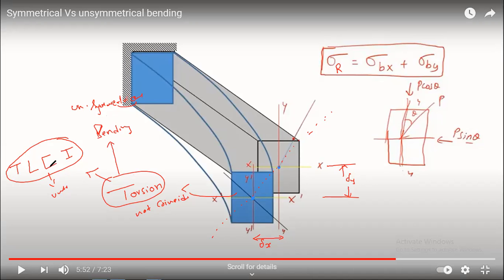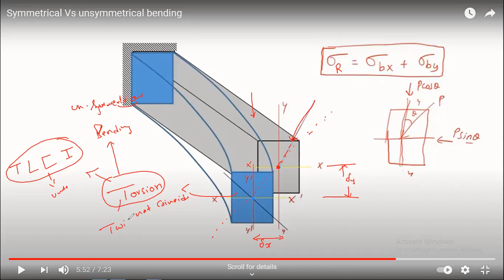Okay, understand? So that is the reason why, to control this torsion, we have to apply the load not through the center of gravity. Look here, how the load is passing. The load is passing through the center of gravity. For these kinds of unsymmetrical sections, if you pass the load through the center of gravity, you may see torsion in the member.